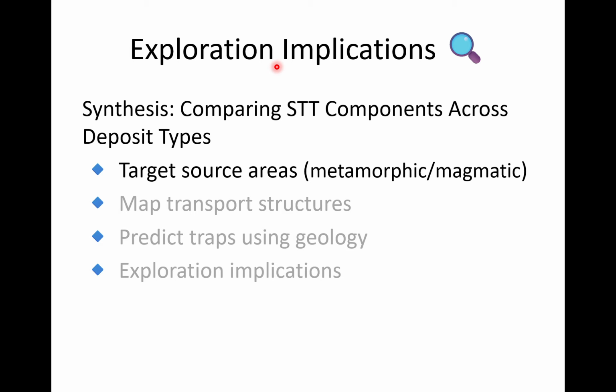Intrusion-related gold systems, like what we talked about in some Abitibi cases or other Phanerozoic systems, straddle these categories. They may involve magmatic fluids, but often still require metamorphic country rocks to provide enough gold, or a combination of both. That is a topic of ongoing research.